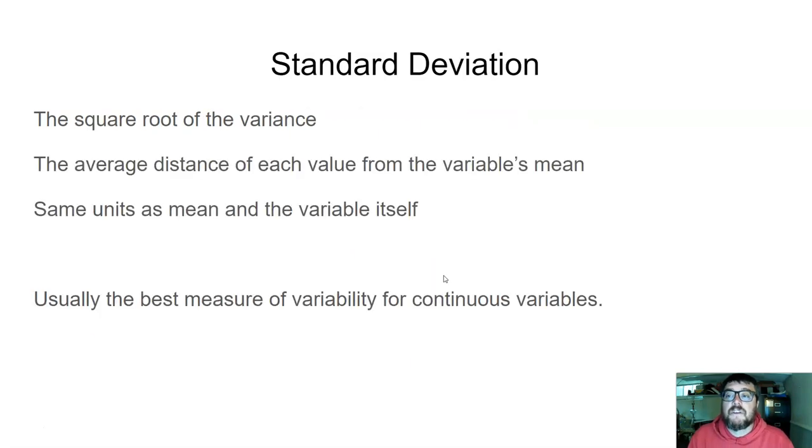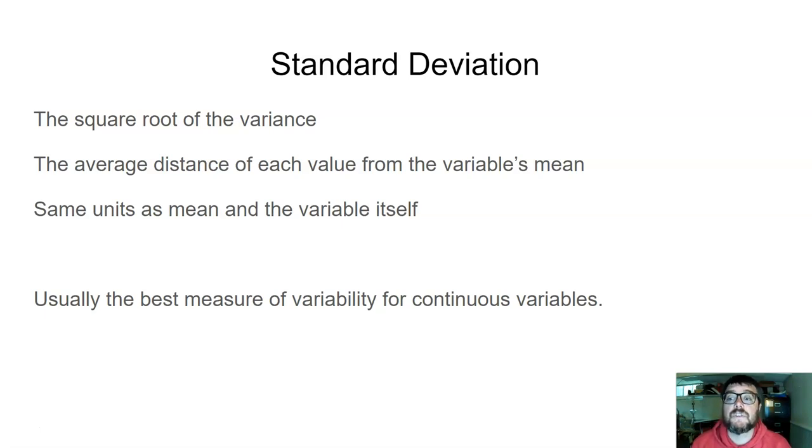Standard deviation is the square root of the variance, and that's the average distance of each value from the variable's mean. It has the same units as the mean of the variable itself. In my mind, oftentimes the standard deviation and the variance are kind of the same, just scaled differently. Because the standard deviation has the same units as the mean, you can compare the mean and the standard deviation directly, which you can't do with the mean and the variance.